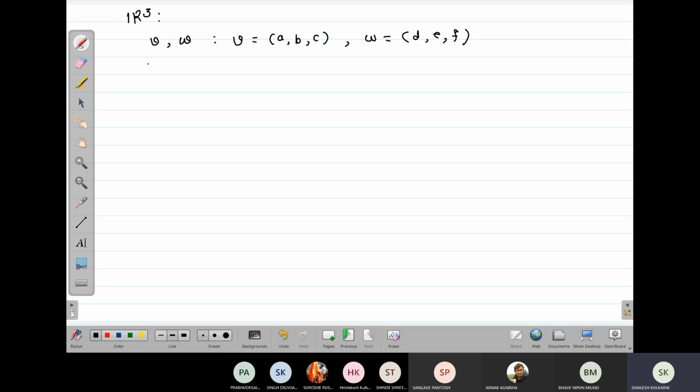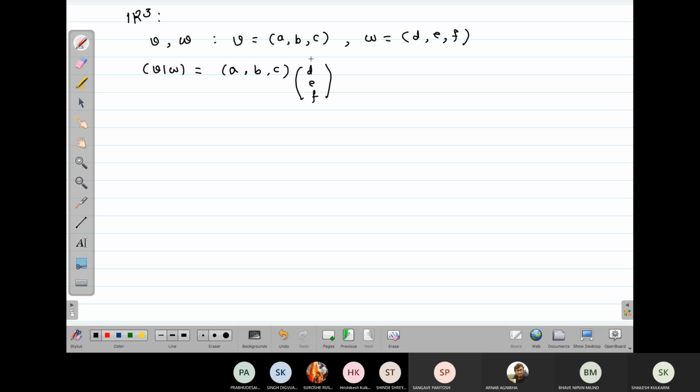Then v inner product with w is a d plus b e plus c f, your usual definition, row and column.